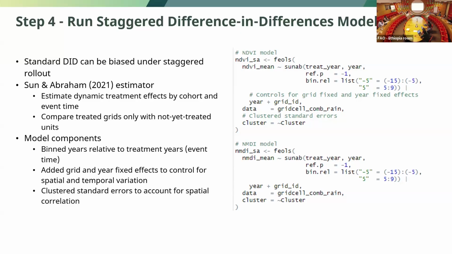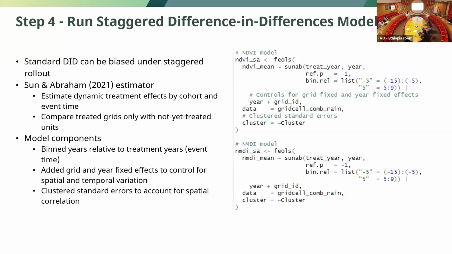And then compared to the regular model design, we added a binned relative time here. It's because for the event time, if it is smaller than -5, there's only one treatment time in that cohort. In that way, it will be biased by one treatment time. And there's similar reasoning for why we bin any values greater than 5.